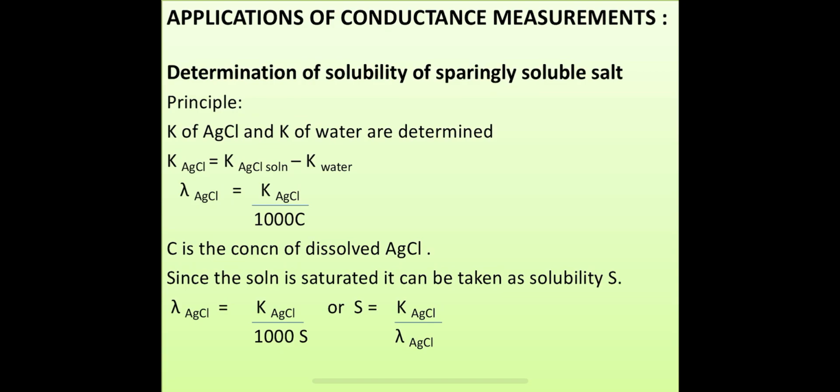When concentration increases, the transport number value decreases and may even become 0 or negative. Such cases are said to be abnormal or anomalous transport numbers.